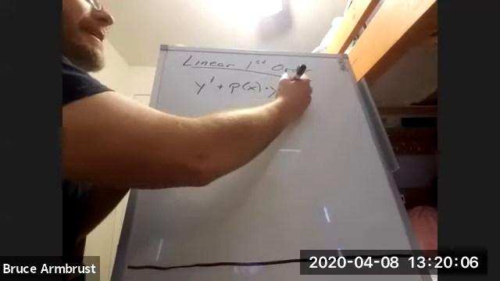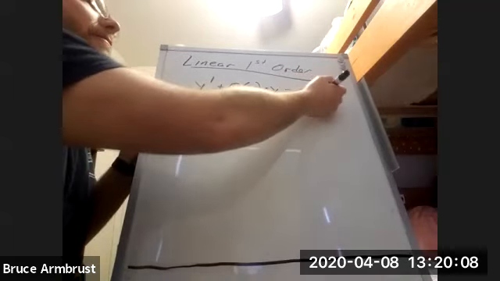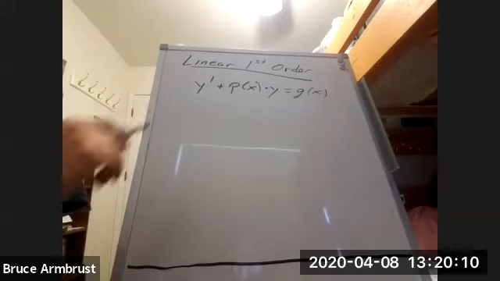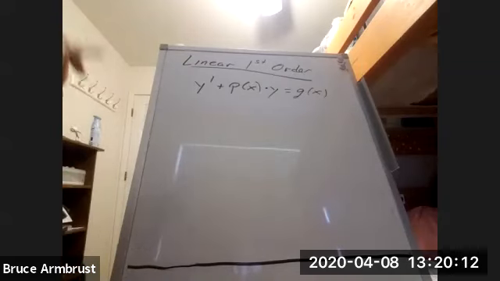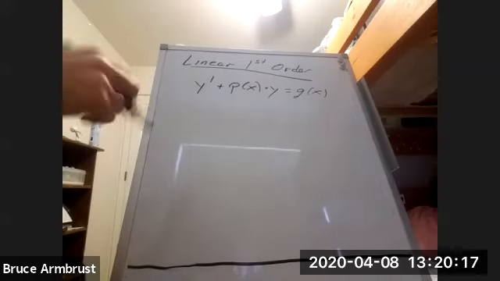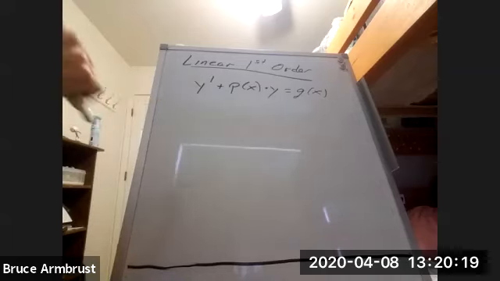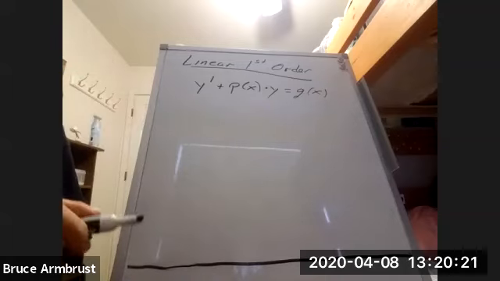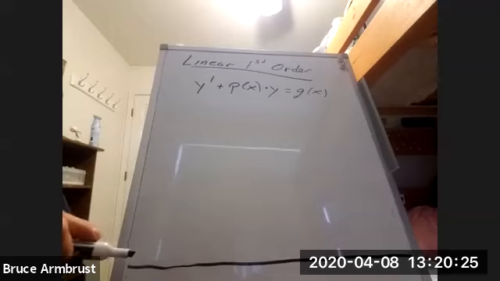And then that's going to equal some other function of x. So if you can write a differential equation in this form, it's linear first order. So you see the linearness, and you can also see that it's first order. So that's what we're going to be working on, is solutions to these kind of guys.